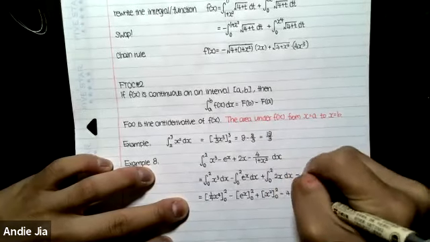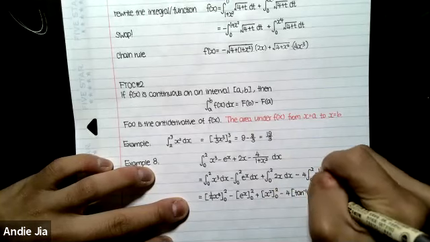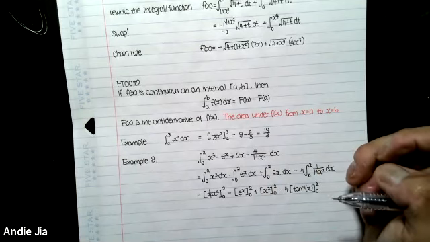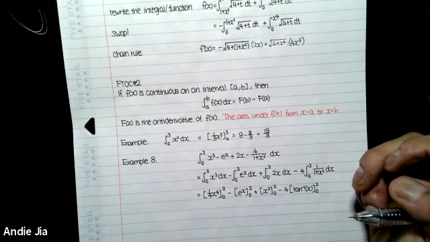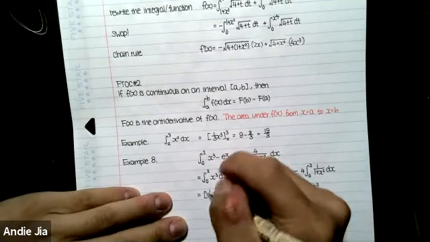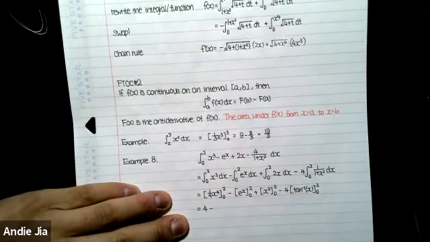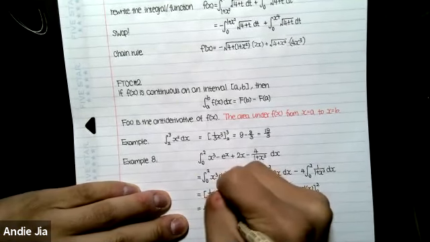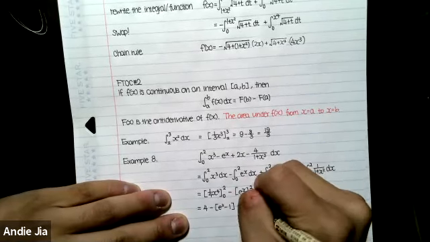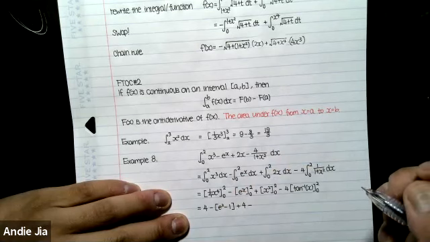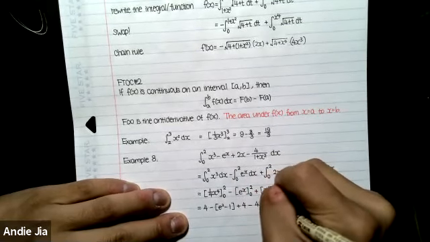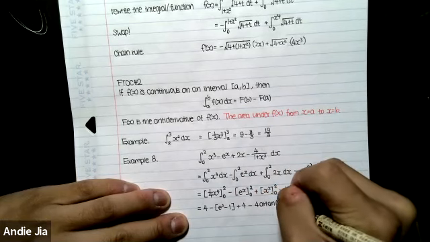Minus 4 arctan of x from 2 to 0. Then we have 2 to the 4, it's 4 minus e squared minus 1, I mean plus 4, minus arctan 2, plus 0.